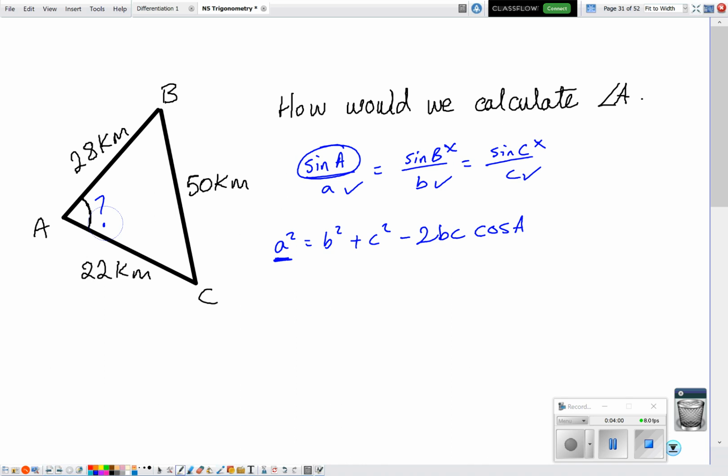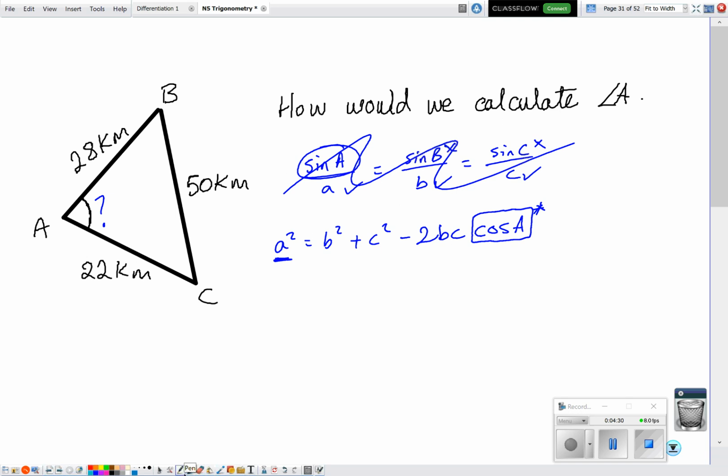So let's have a look at the cosine rule in a bit closer detail. You can forget the sine rule, that's not used here. But if you look at this formula, cos A would be a very useful thing to work out. Because if I know what the cosine of this angle at A is, I can take the inverse cosine of it and come up with the angle.